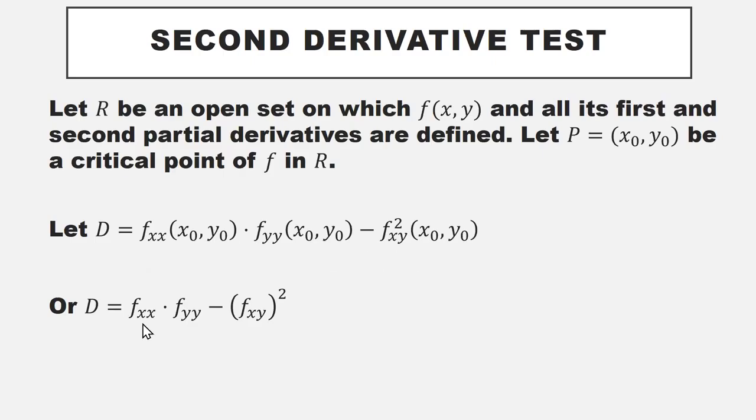I'm going to take f sub xx multiplied times f sub yy. This is after I've plugged in the point. And then I'm going to subtract f sub xy squared. So I get f sub xx times f sub yy, and this you could have rewritten as f sub xy times f sub yx. But remember, we know those are going to be the same, so we can just square f sub xy. So we calculate this thing, which traditionally we call D, capital letter D.